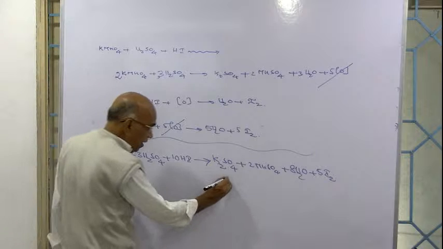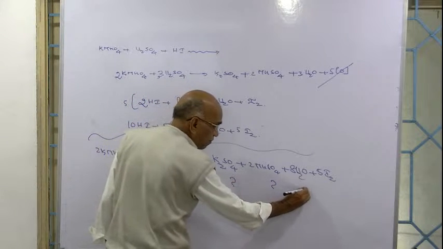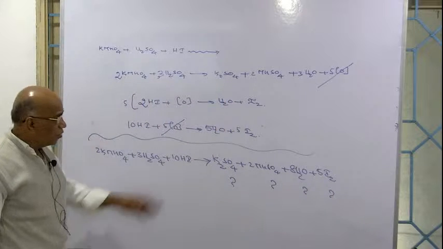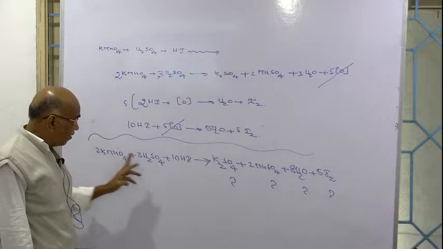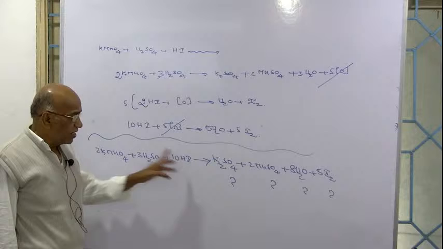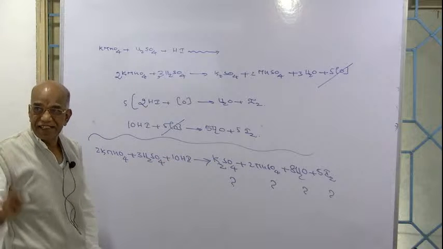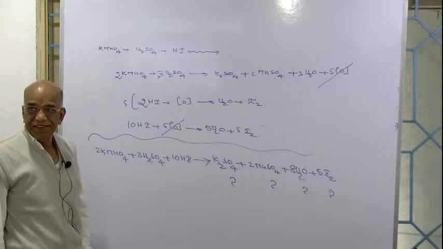So these can be asked. Any one of the products can be asked, or the sum of the coefficients of the products obtained when this equation is balanced. When this equation is balanced, the number of moles of HI oxidized is 10 moles; 10 moles of HI is completely oxidized.